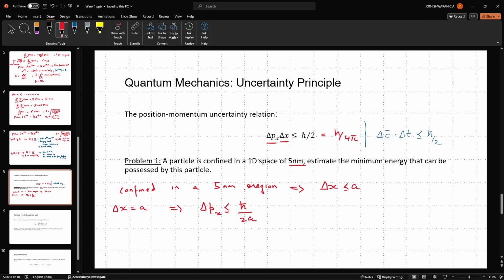Now this essentially gives us the minimum momentum that the particle can possess. So that is always going to be less than or equal to this quantity over here.